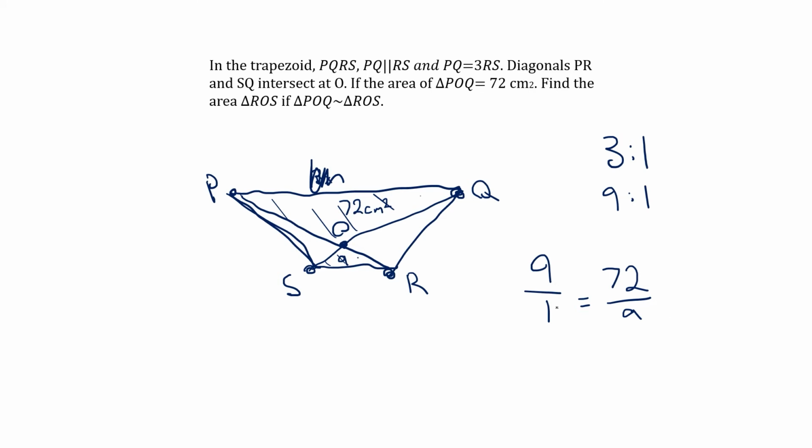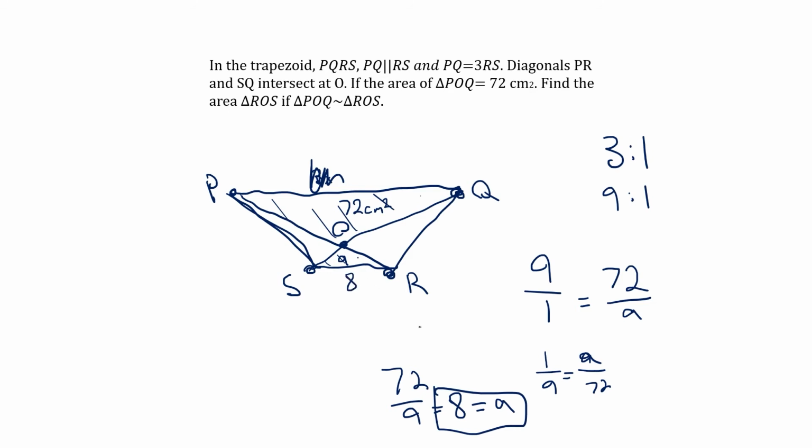And then we can solve. It's pretty easy. We're going to flip both of the fractions first, which you can do: 1 over 9 equals A over 72. And then we can multiply both sides by 72 to get 72 over 9 equals 8 equals A. So this area is 8.